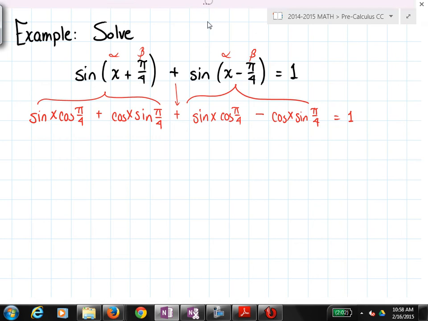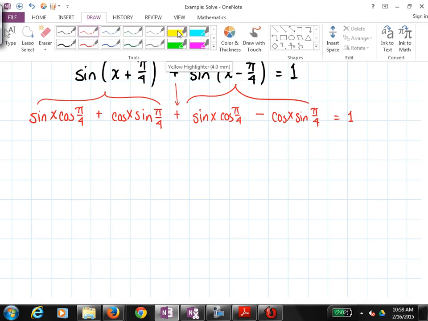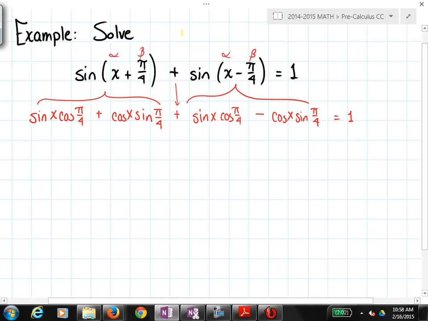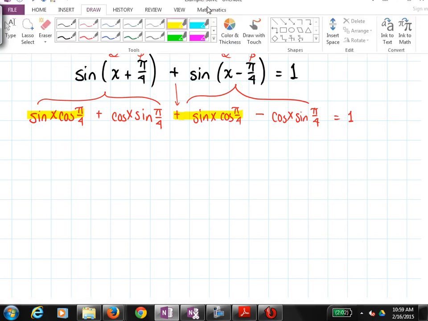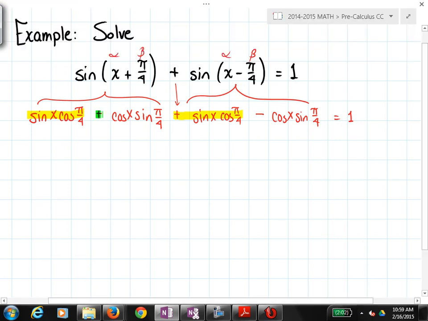Now, what do you notice here? Are there like terms? Yes, so be careful with the like terms. This one matches this one right here, and this one matches this one right here. And what do you notice about that one?